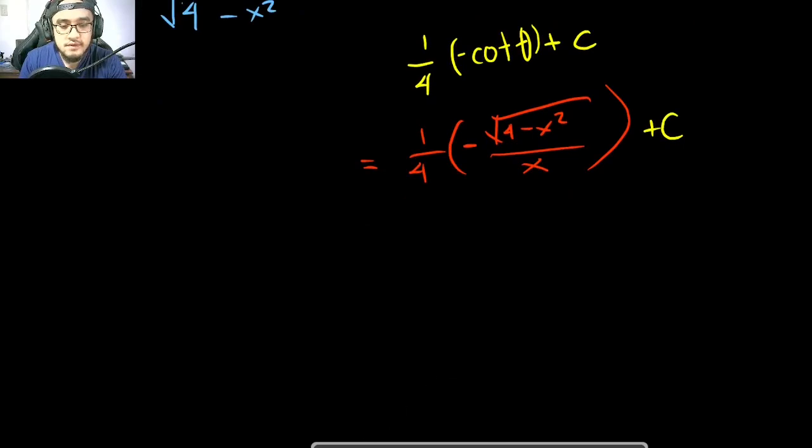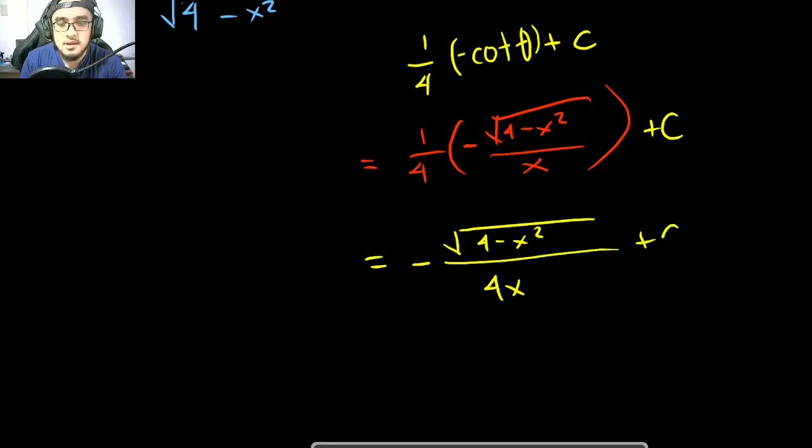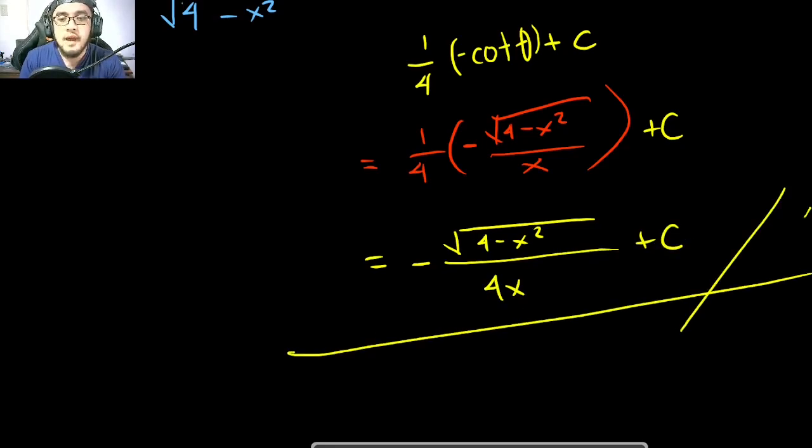Simplifying this further, this would now be equal to negative square root of 4 minus x squared divided by 4x, plus c. So this is your final answer for the given integration problem.